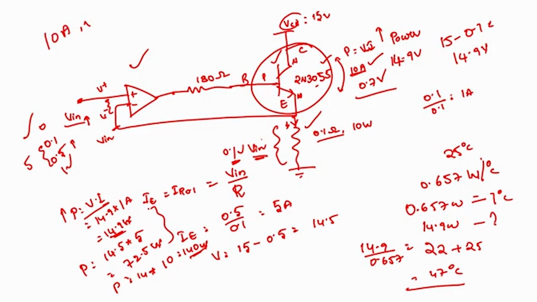Your transistor should not get damaged, your resistor should not get damaged. So, in order not to damage it, the capacity of your resistor should be able to withstand such a higher power. If you want to calculate the power dissipation, the power it can withstand, it is nothing but 10 into 1, which is 10 watt.